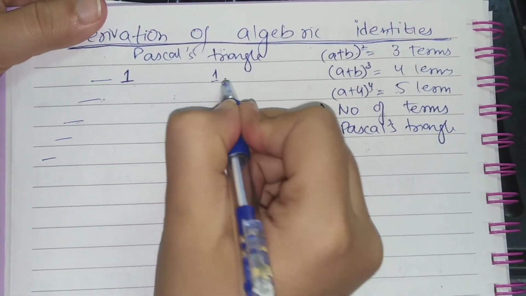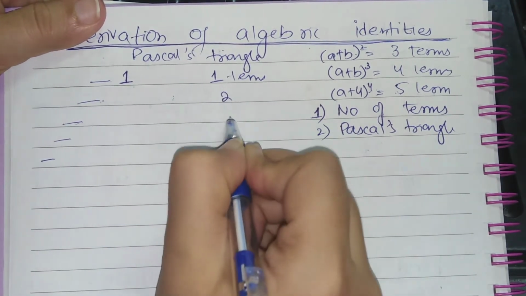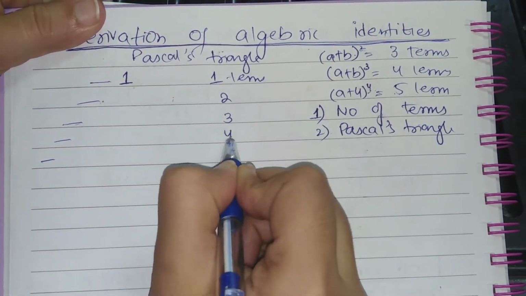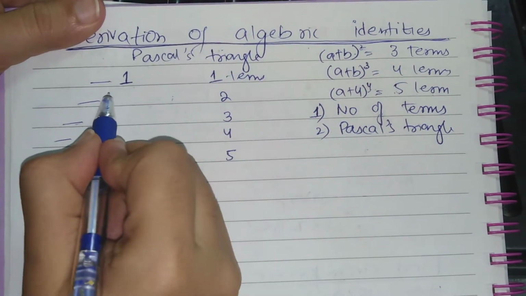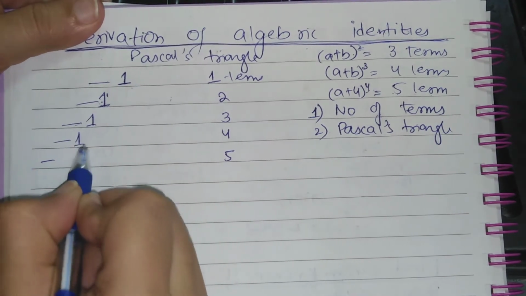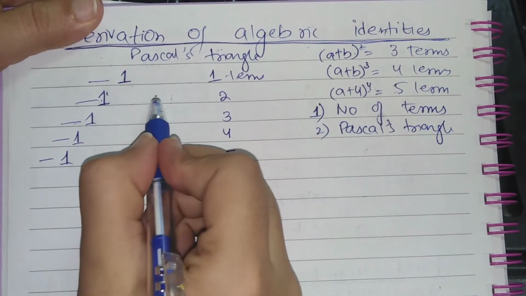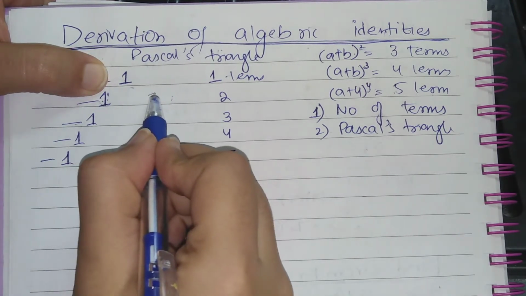First row will have 1 term, second row will have 2 terms, third row will have 3 terms, fourth row will have 4 terms, and fifth row will have 5 terms. So always start with 1. So we will write 1 here. So this is starting and ending.